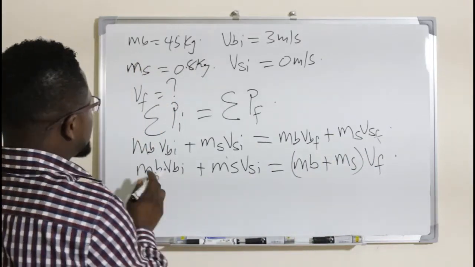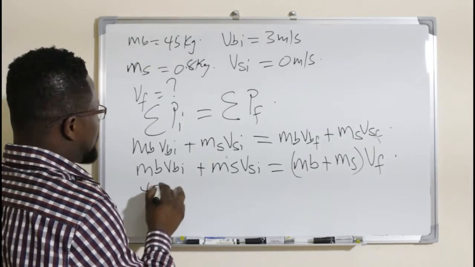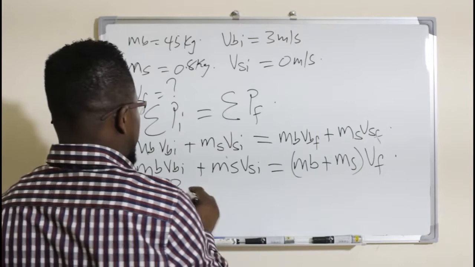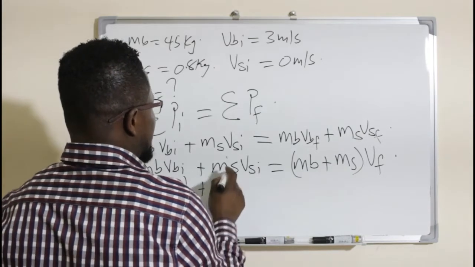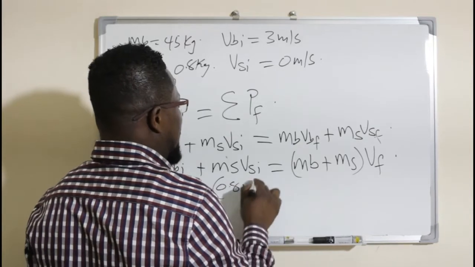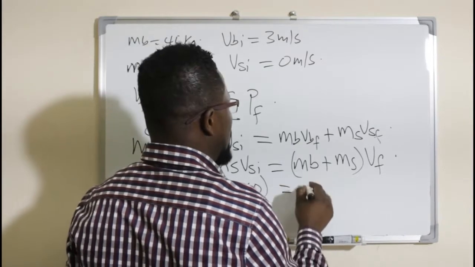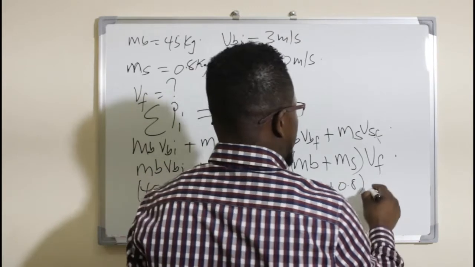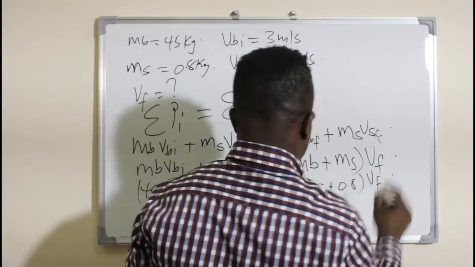And now let's do the substitution and solve for the V final that we are looking for. So this is given as 45 multiplied by 3, and then plus 0.8 multiplied by 0 is equal to 45 plus 0.8, and then I will multiply that by the V final.